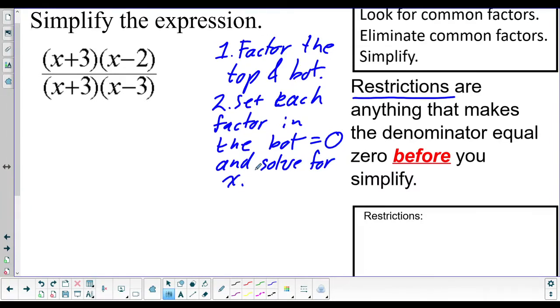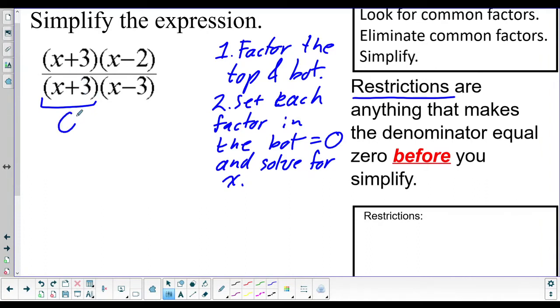Okay. This is going to tell us restrictions. So what you're saying is when you set it equal to 0, you're asking what number does x have to be to make this thing 0? Let's talk about why that's important really quickly.